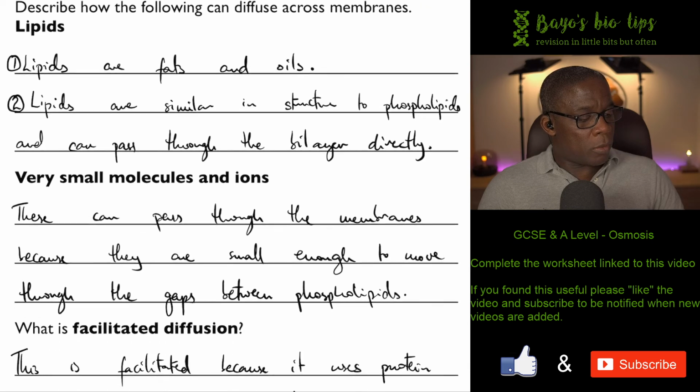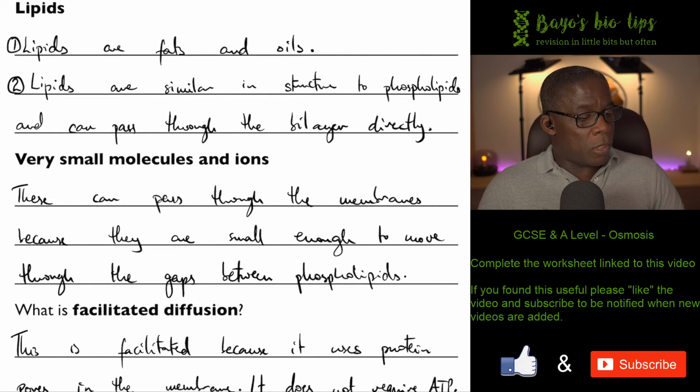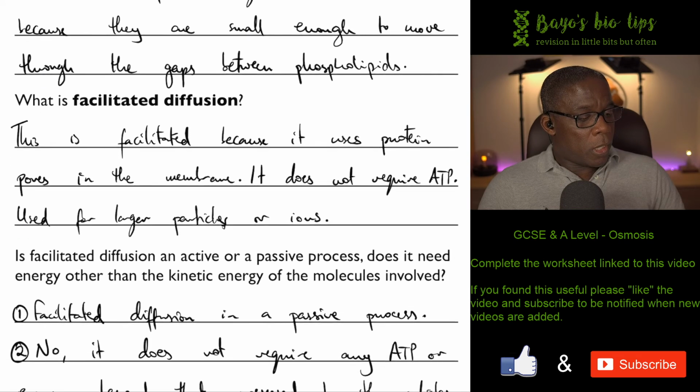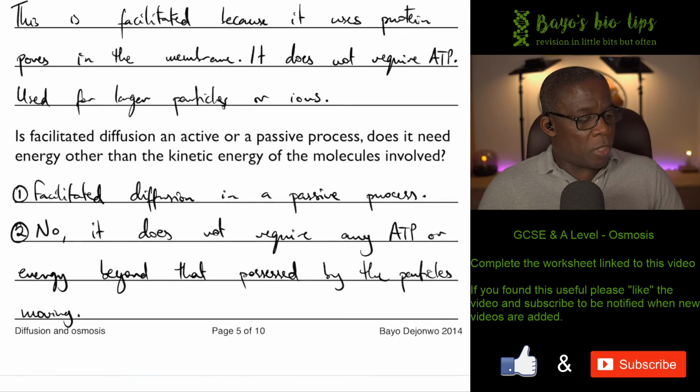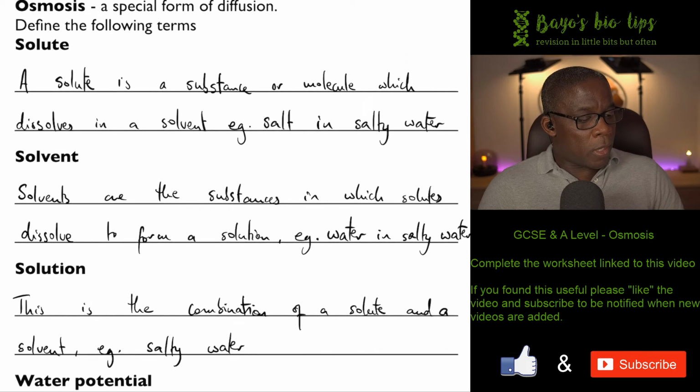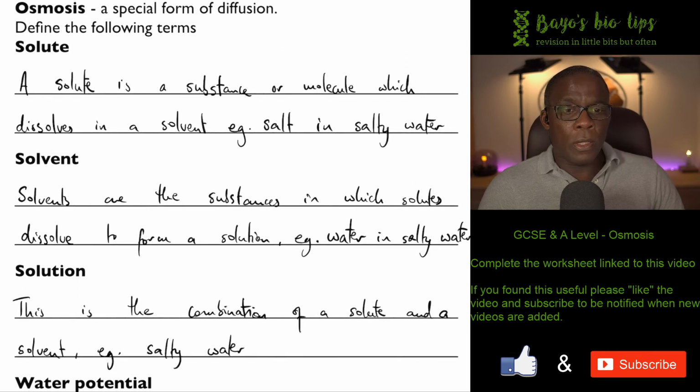And then we talked about some examples of substances that can diffuse across membranes. And we talked about facilitated diffusion. So in some instances, because the molecules are too large to pass through pores in the membranes, they can be facilitated to cross the membrane with the use of protein channels within the membrane. And then on to what we've done in this video.